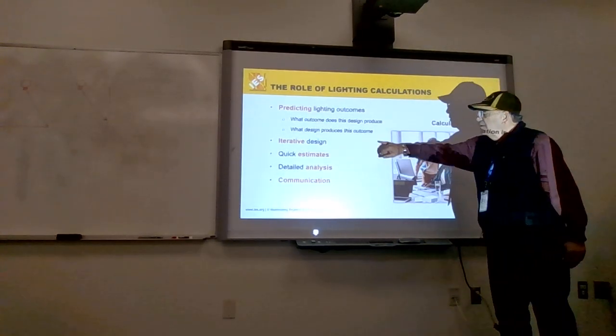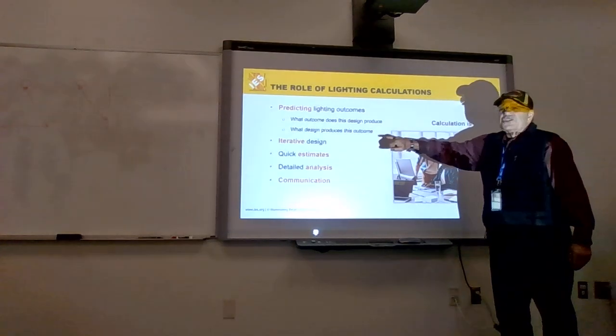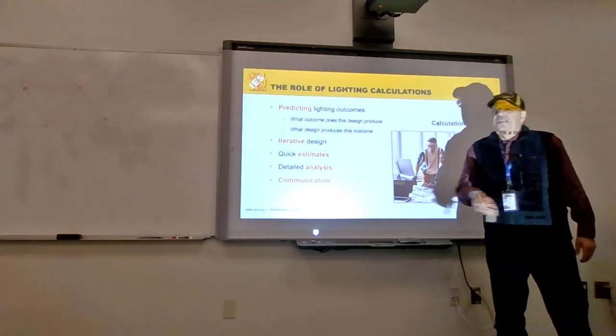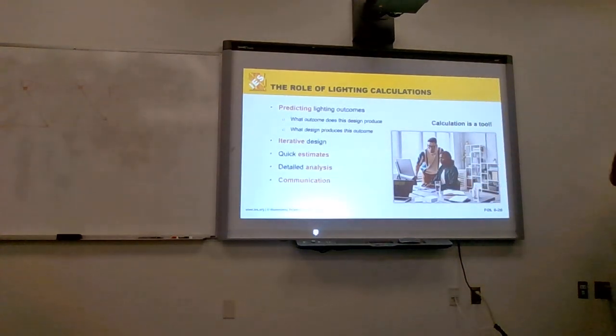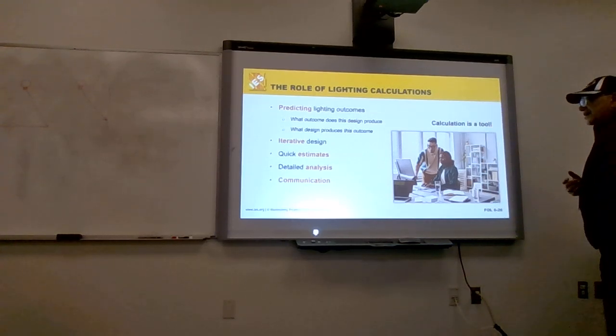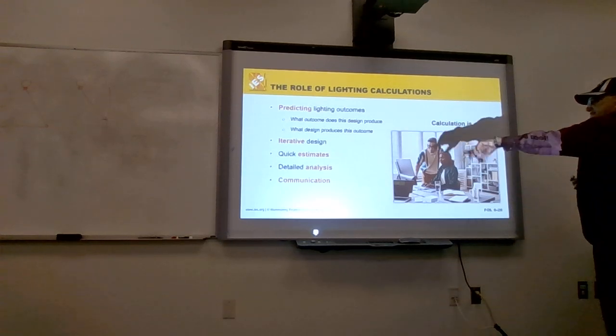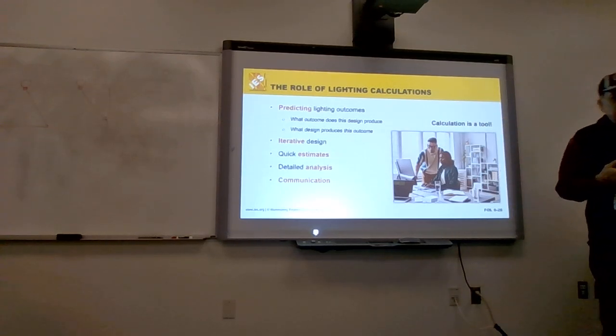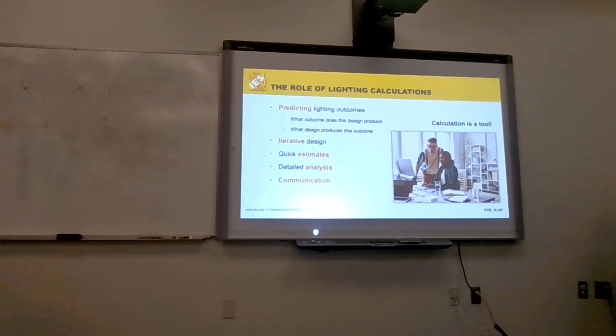Or how many luminaires do I need to create 50 foot candles or some other factor that we want to achieve? It's a quick estimate. We can get a detailed analysis from it, and then we can communicate that thought to the principals that are required to make a decision on the design.